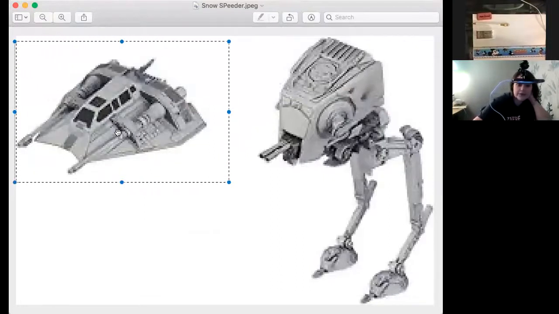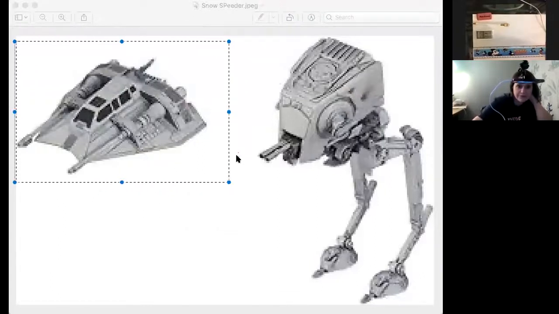So what I want to look at today, I want to focus on the angle that it's flying at, because once again, this ship is very symmetrical. So when we're thinking symmetrical, it means it's the same on both sides.